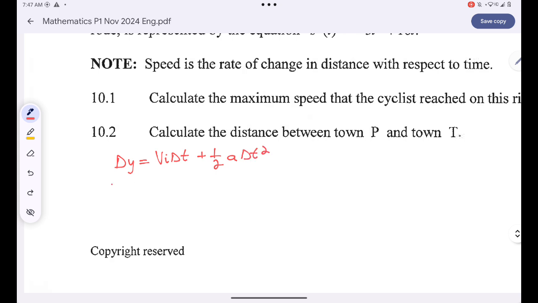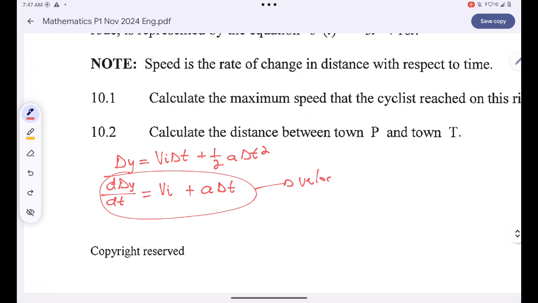If I find my derivative, the derivative of y with respect to t, I'll end up having vi plus 2 times half is 1, and then this is just at. This expression gives me a velocity or speed. Are you together? So if I'm given a distance equation, for me to find speed, I must simply find the derivative of that distance equation. The equation of the derivative will simply give me speed or velocity.